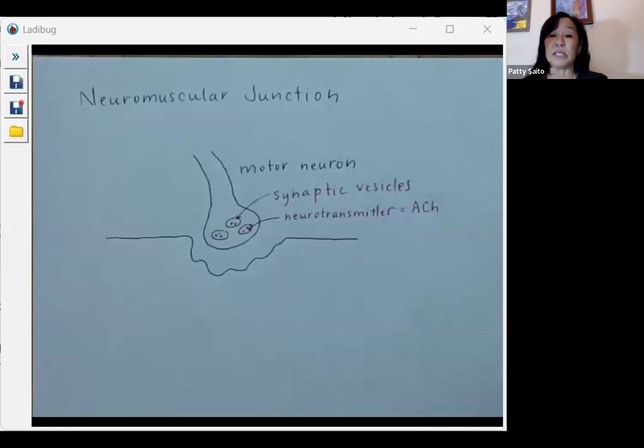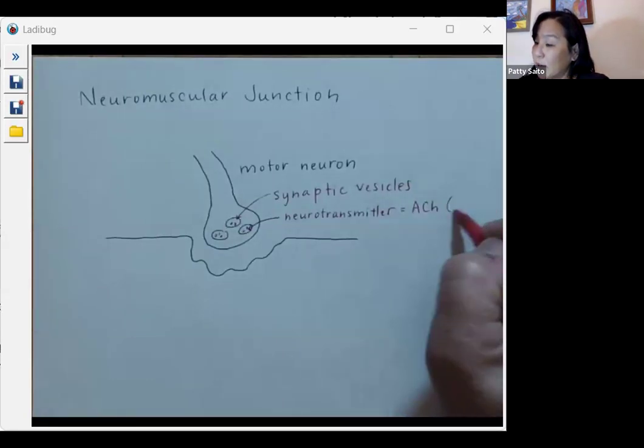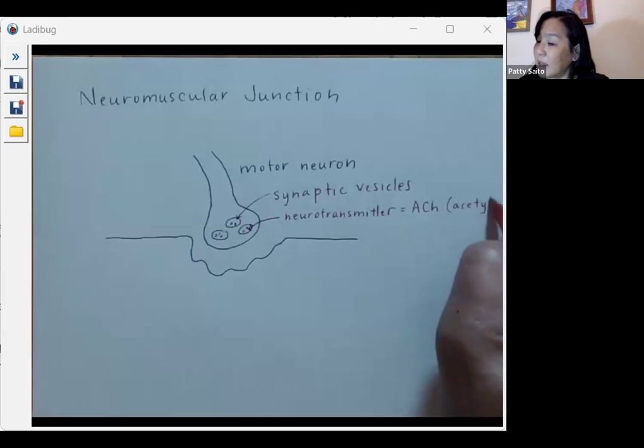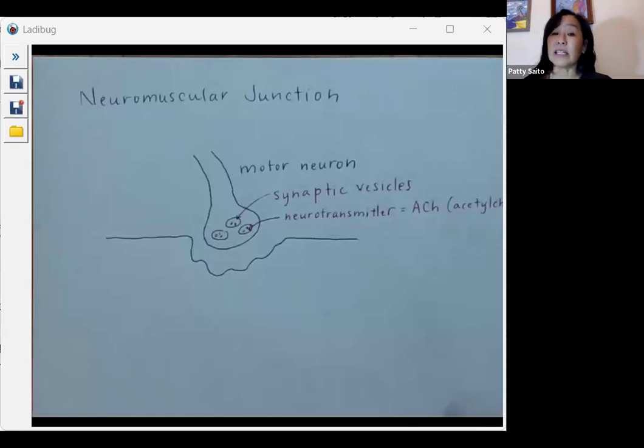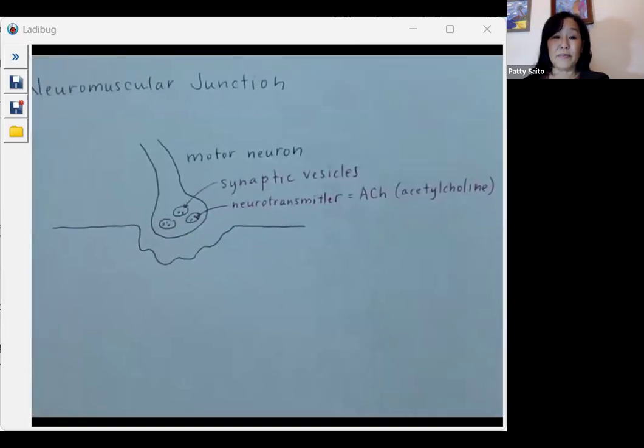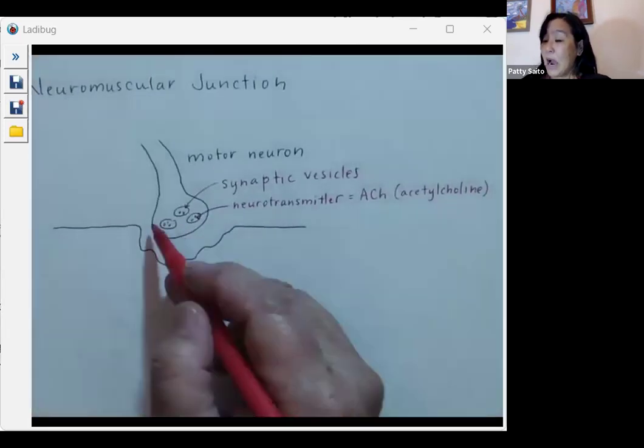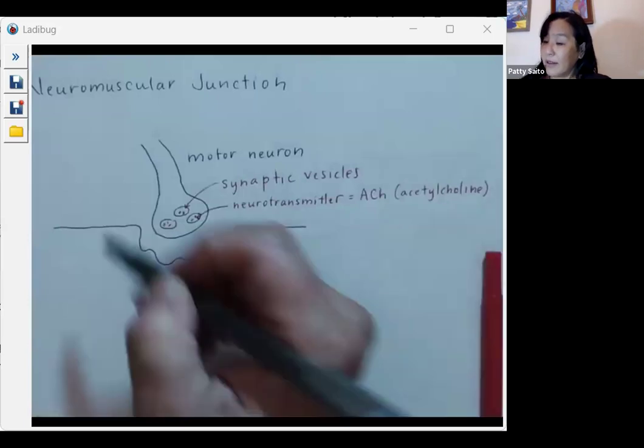It's just the particular neurotransmitter found in this one area in the neuromuscular junction. So acetylcholine. Again, there's lots of different types of neurotransmitters, but here is acetylcholine.